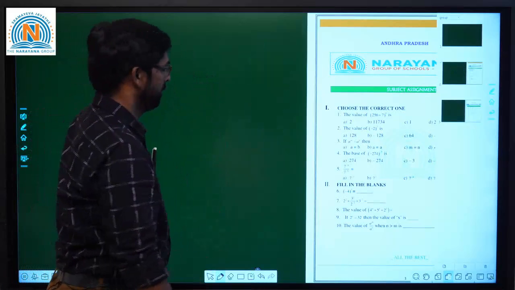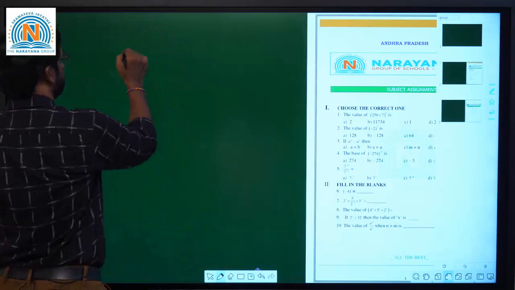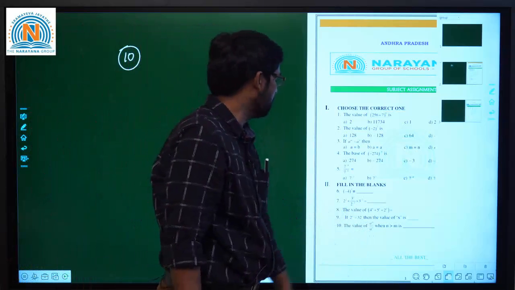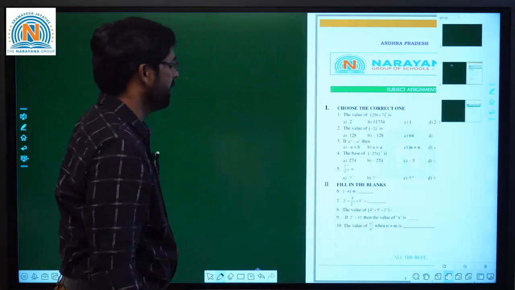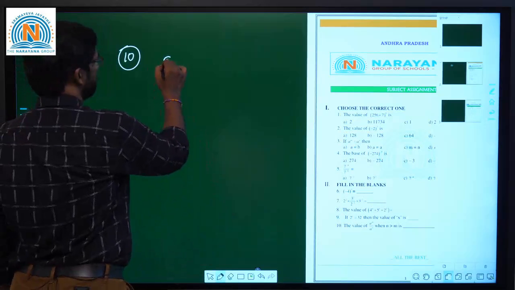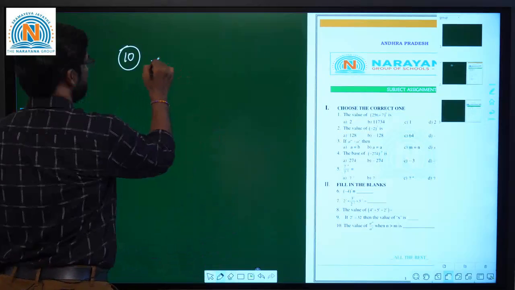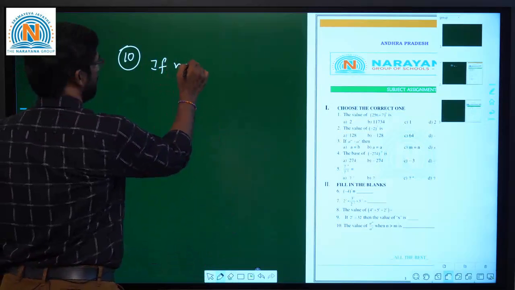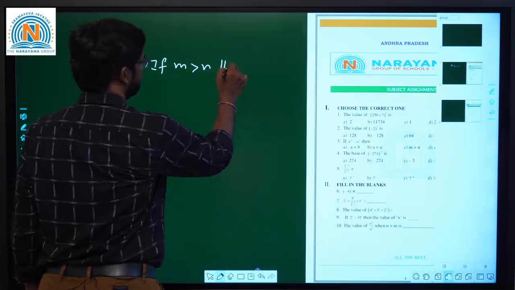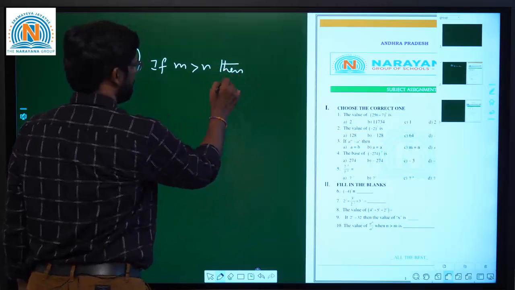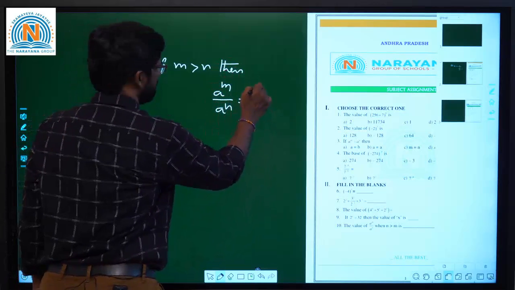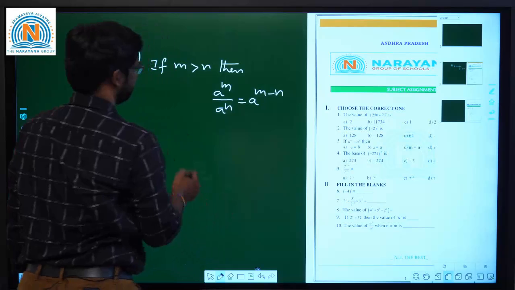Next, 10th one. The value of a to the power of m by a to the power of n when n is greater than m. So here the condition is, if m is greater than n, then a to the power of m by a to the power of n equal to a to the power of m minus n.